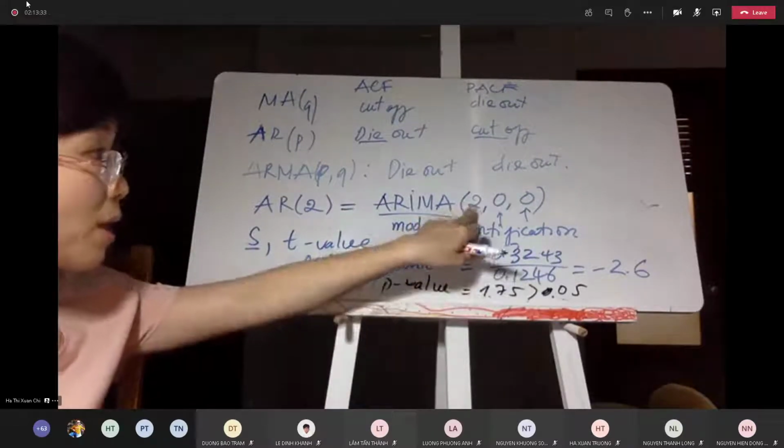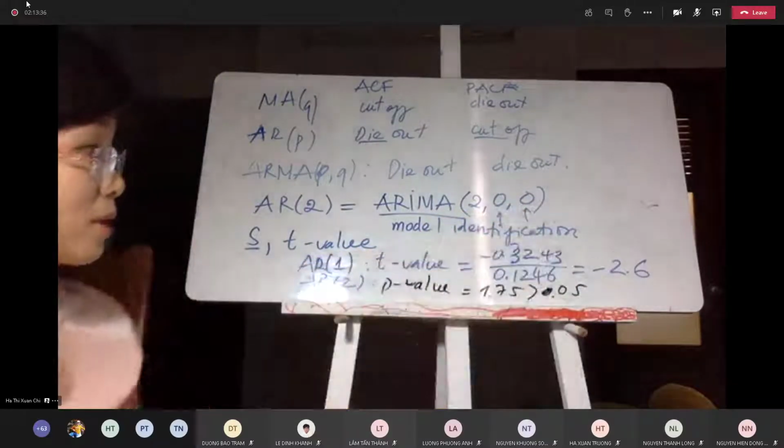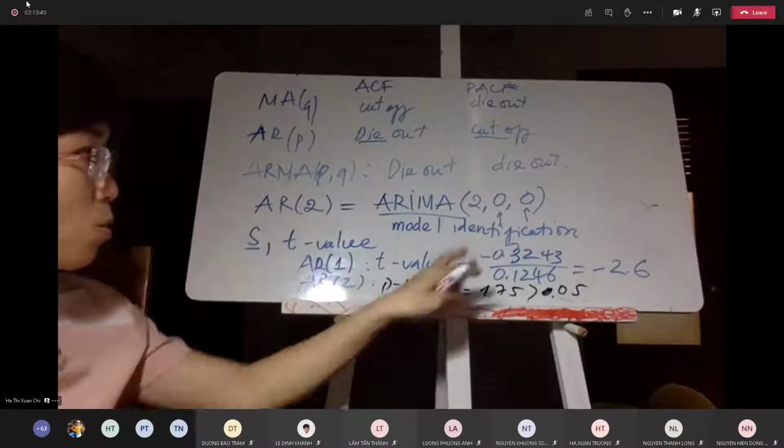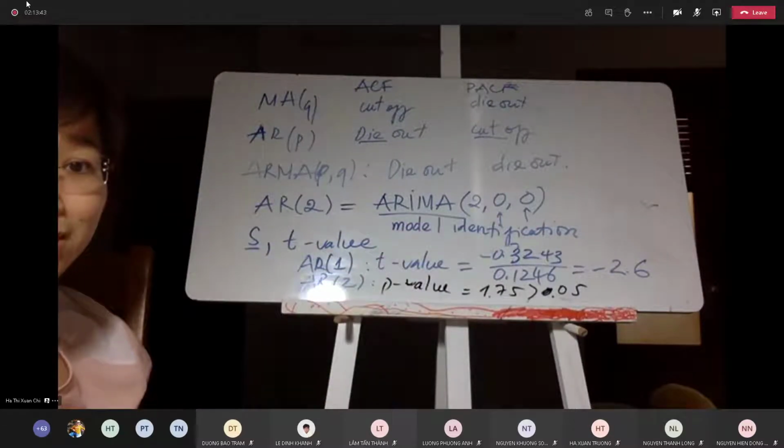So originally we have 200, right? Right now we consider which one should be eliminated, should be deleted.